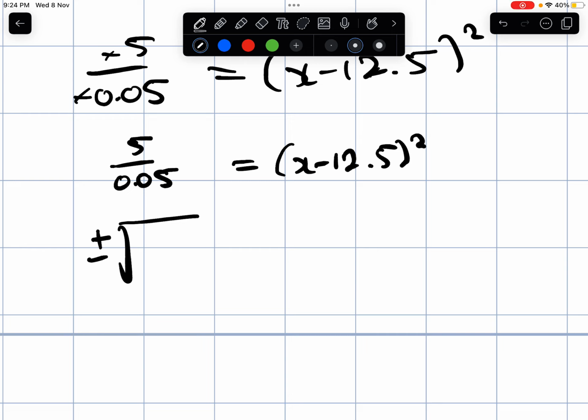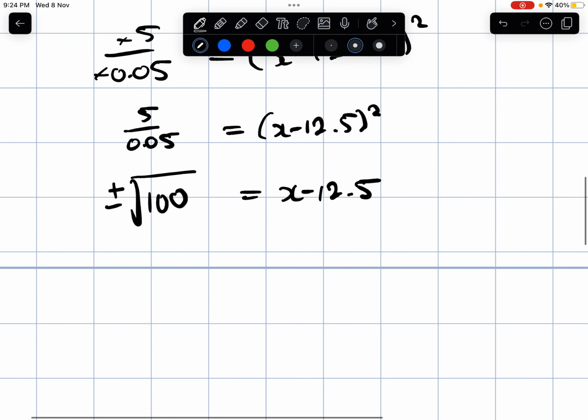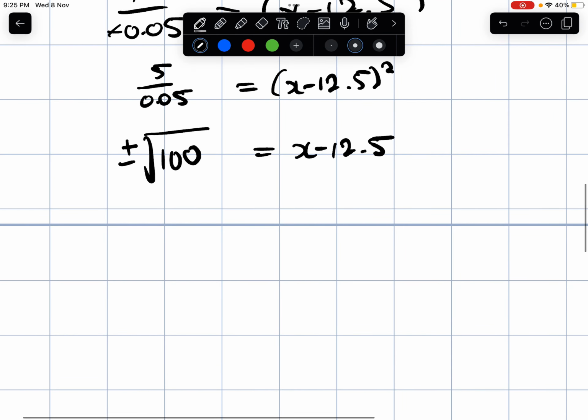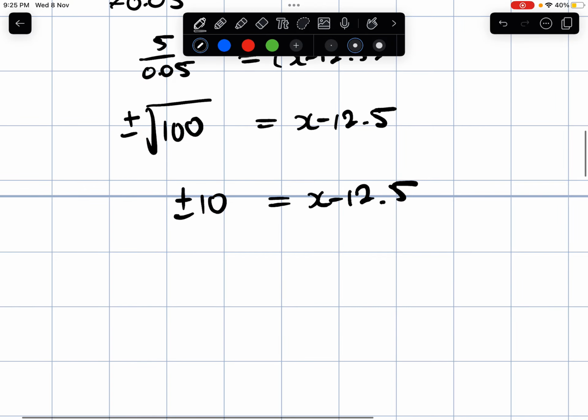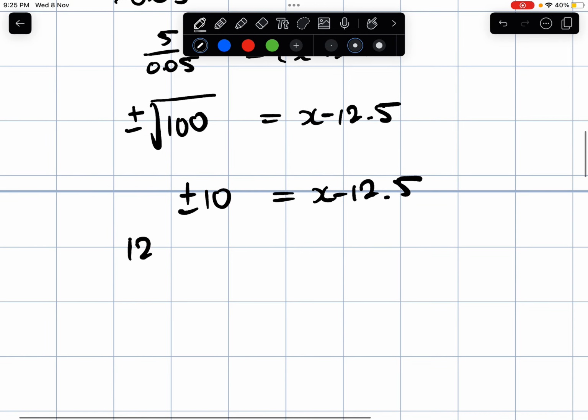Sweet. So plus minus root 100 equals x minus 12.5. That's just square rooting both sides. And then root 100 is 10. So plus minus 10 equals x minus 12.5. And then we add 12.5 to both sides.